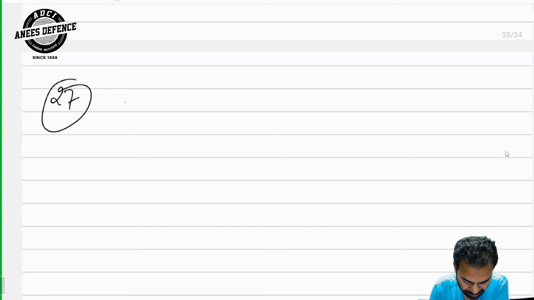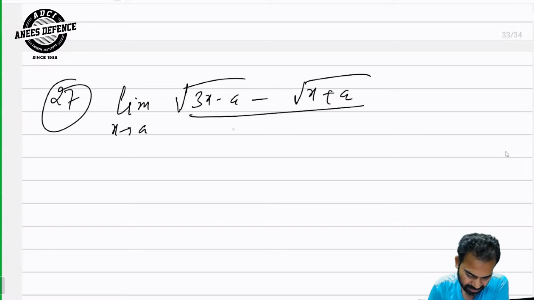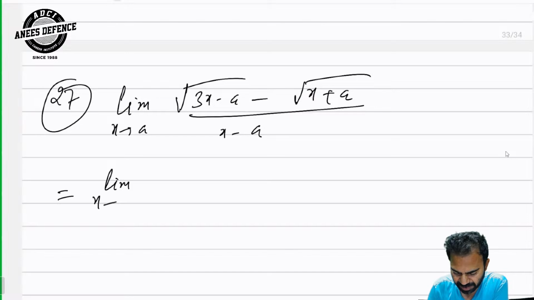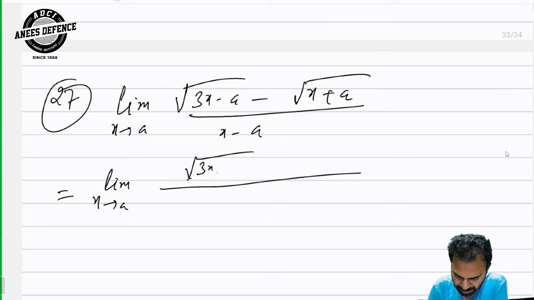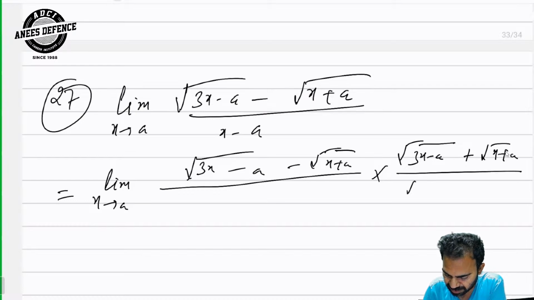27th. Limit x tends to a, root 3x minus a minus root 3x plus a upon x minus a. We will multiply numerator and denominator by the conjugate of the numerator. Multiply root 3x minus a plus root 3x plus a.